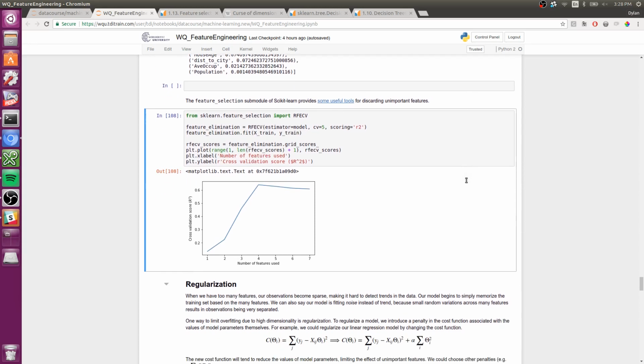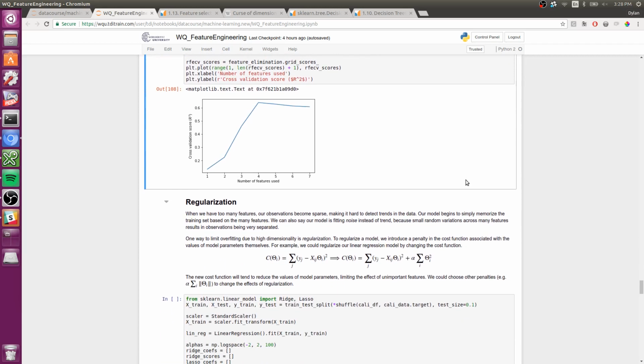Another technique for dealing with overfitting, particularly from high dimensional data, is regularization. So I've mentioned the evaluation metric several times.